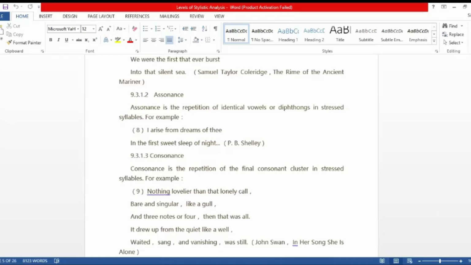A long vowel sound है. अब इसका सिर्फ देखें, ये नहीं है कि maybe the writer chooses to repeat a vowel sound which is short, maybe the I sound or maybe the U sound, ठीक है, और वो short sound होगी, and that vowel sound is going to be repeated. लेकिन उसका impression is going to be different from this long vowel sound. Dreams, thee, sweet, and sleep.